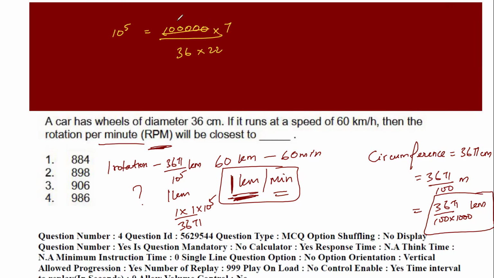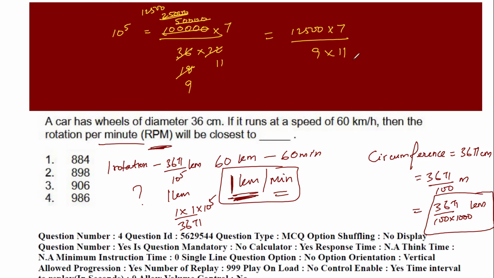So we'll divide this. 2 goes into 1,00,000, 50,000 times. 2 goes into 36, 18 times. 2 goes into 50,000, 25,000 times. 2 goes into 18, 9 times. 2 goes into 25,000, 12,500 times. 2 goes into 22, 11 times. So what we have is 12,500 into 7 upon 9 into 11.